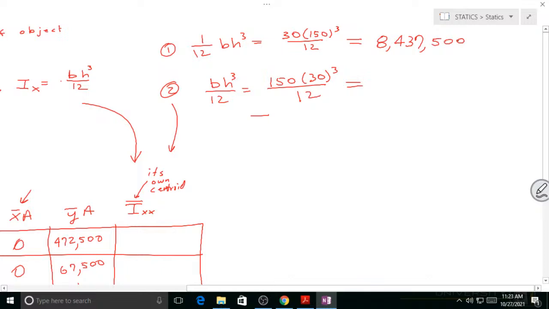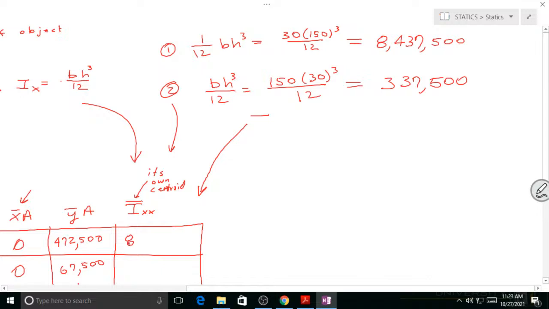That's the bigger of the two. If you look in here, it's 30 times 30 times 30 times 150 divided by 12. 337, 500. So now I need to copy these to put them in this thing here.